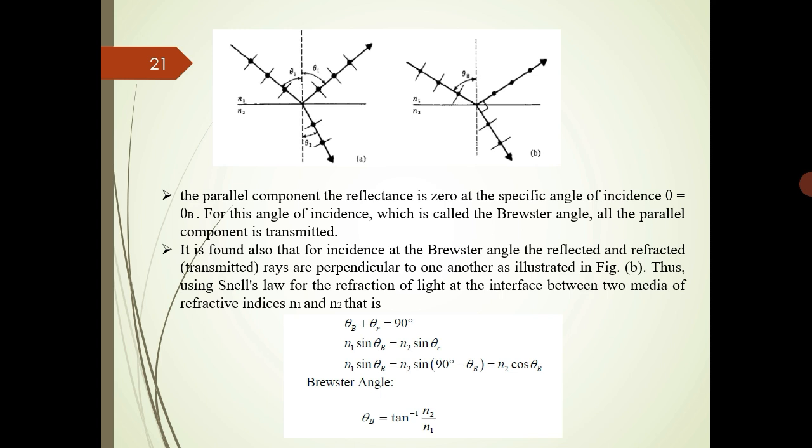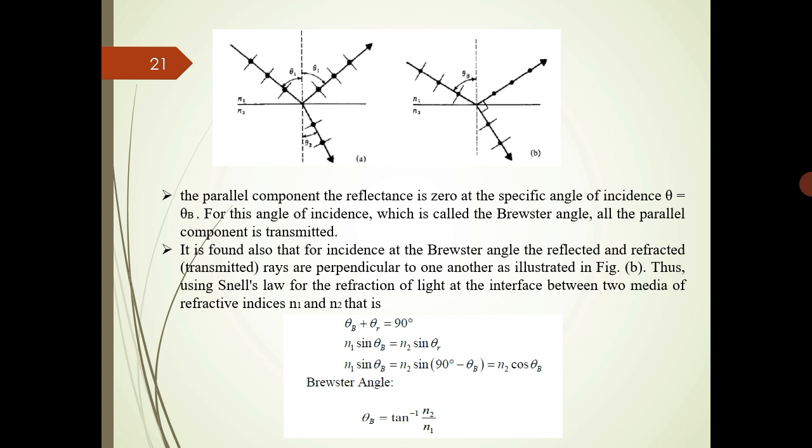It is also found that at Brewster's angle, the angles of reflection and refraction are perpendicular to one another, which is illustrated in this figure B. According to Snell's law, for the interface between two media of refractive indexes n1 and n2, the angle between the reflected and refracted rays at Brewster's angle is 90 degrees.